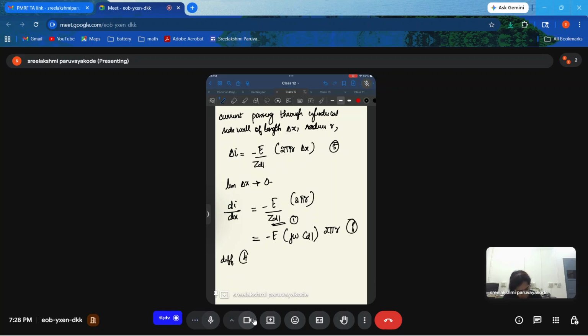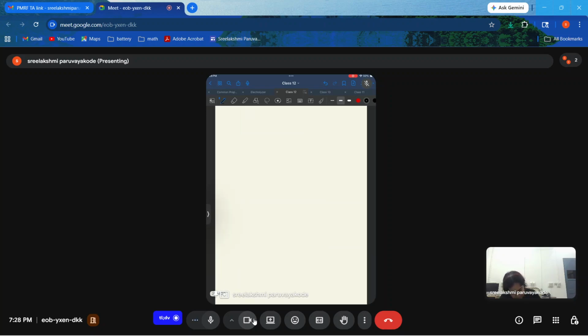Now what we can do is differentiate 4 with respect to x and substitute dI by dx from 6. So what do you get? We get d squared E by dx squared equal to minus rho by pi r squared times dI by dx.